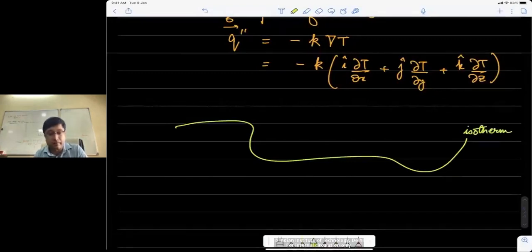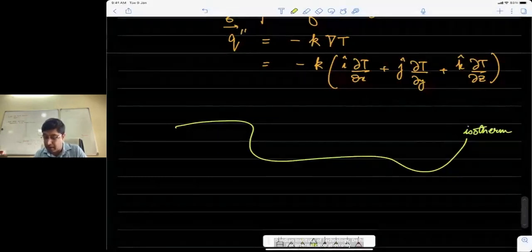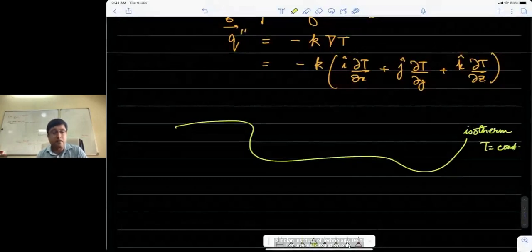So let's say this is an isotherm. Temperature is constant along this line. So what it means is that when you have a del operator on top of the temperature, which is giving us a flux, the heat flux is normal to this line at each and every point.